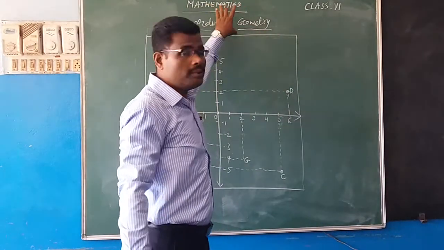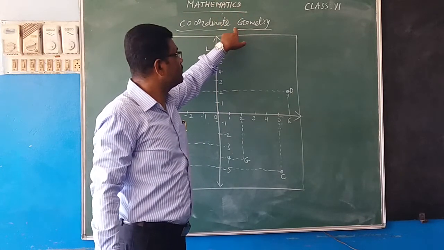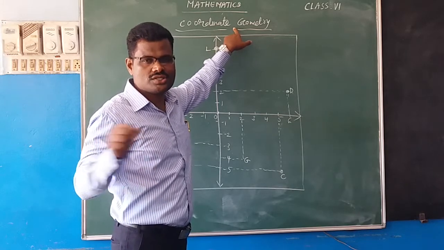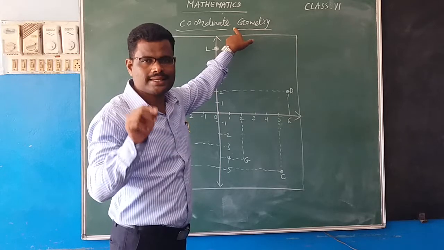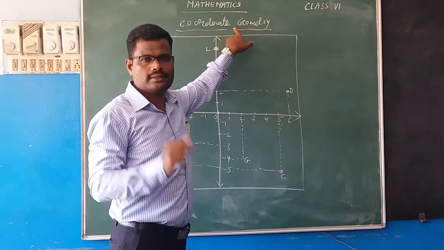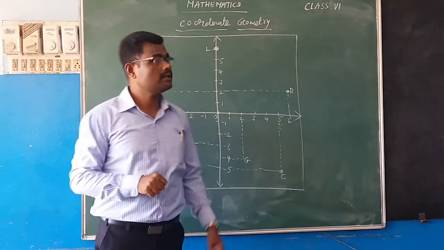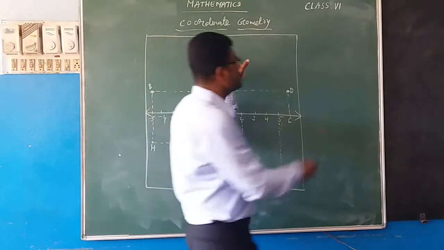What are coordinates? Coordinates are the points on the axis. How many axes are there? Two kinds of axes, x-axis and y-axis. The points which lie on the x-axis are called x-coordinates. The points which lie on the y-axis are called y-coordinates.